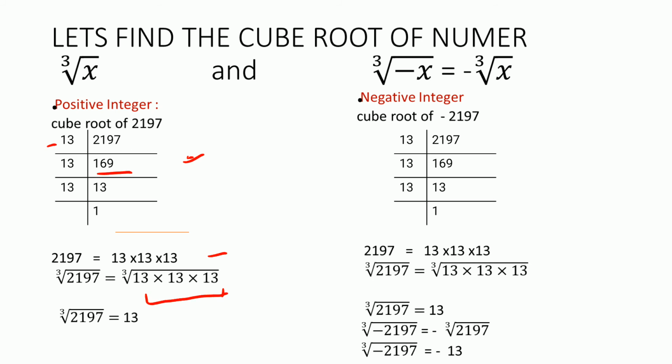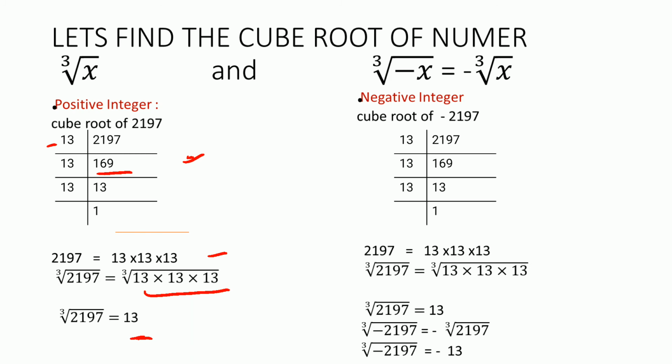You have seen that it exists in a triplet. If there is another triplet, then we will take one term from each triplet and multiply all those terms and we will get the answer. Here we have only one triplet, so our answer is only 13.